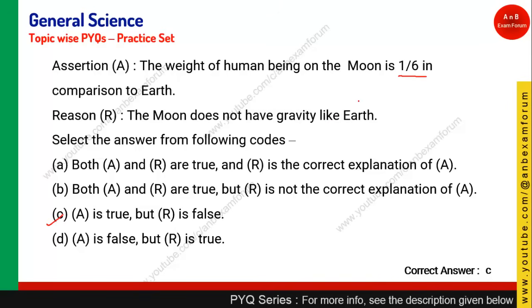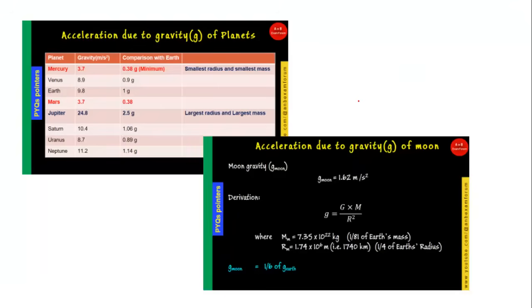Okay, and you have to remember that acceleration due to gravity on different planets is different. For example, here we have considered the acceleration due to gravity on the moon. On the moon, the value of gravitational acceleration is 1.62. How is it derived? It is very simple.